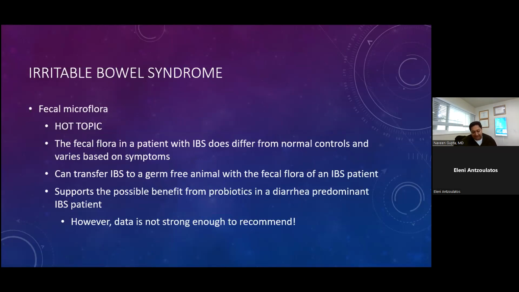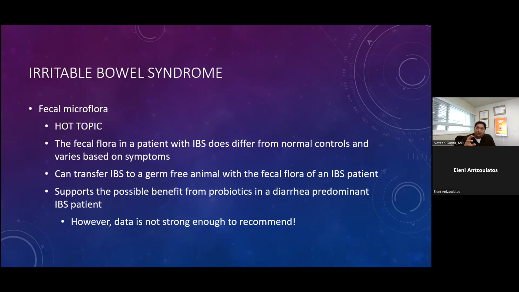A hot topic is the microbiome. Everyone's heard of it in some way or the other, either through probiotics or through all these disease states that are clearly linked to the gut's bacterial makeup. There is no doubt that an IBS patient has different gut flora than an age-matched normal individual. In a crazy, cool study they did, they took germ-free animals that have no GI symptoms.